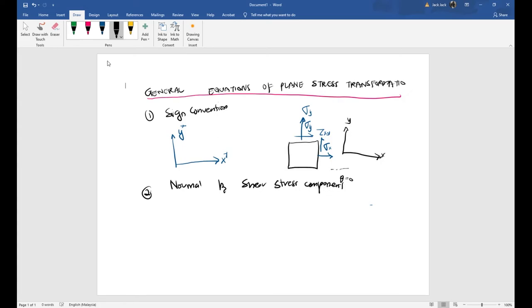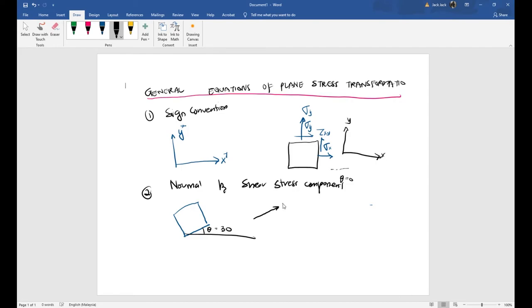This time let's define an element which is rotated at a certain theta. So the orientation of the element may be like this. This is the new orientation of the element due to the rotation of the xy axis. Here the theta, for example, is equal to 30 degree. And of course, we are going to have a new x-axis.